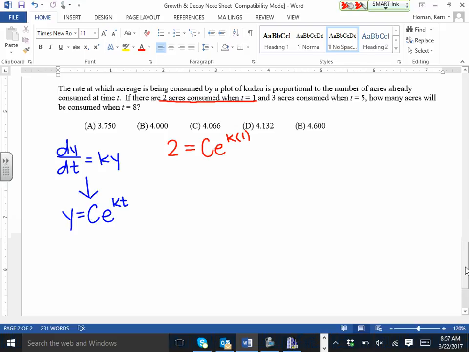When t is 5, y is 3. We have 2 equations and 2 unknowns. That's perfect. We can solve for both.